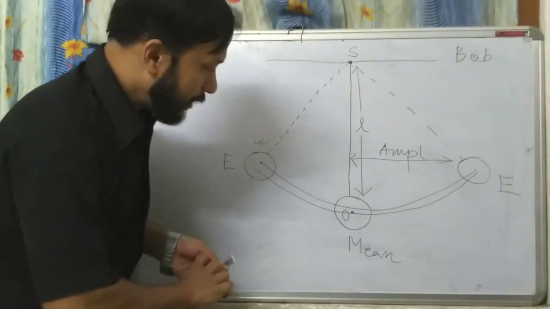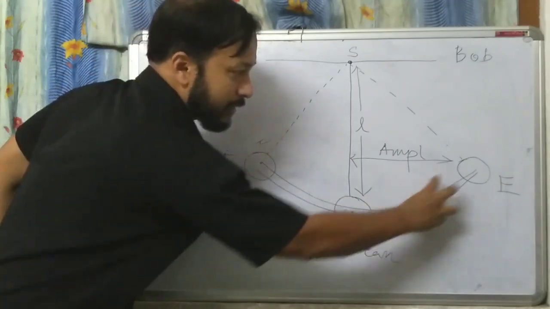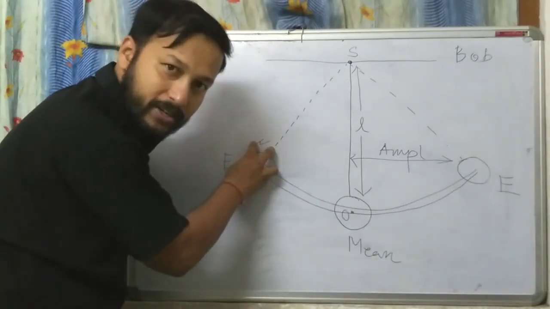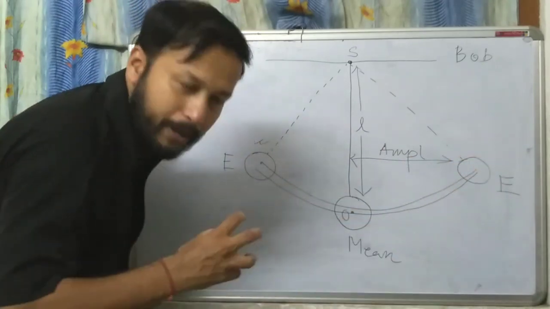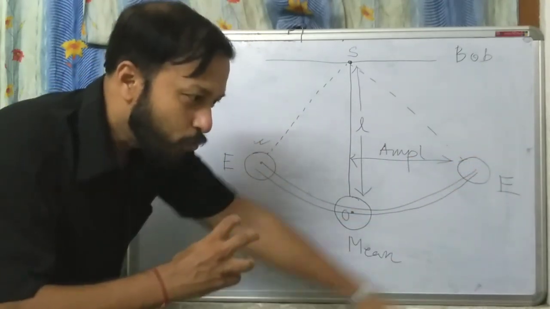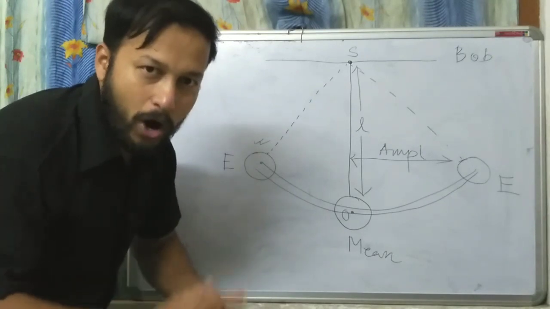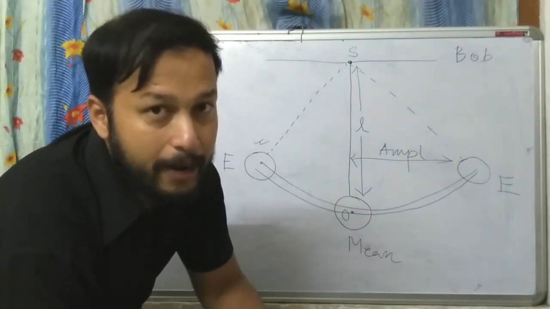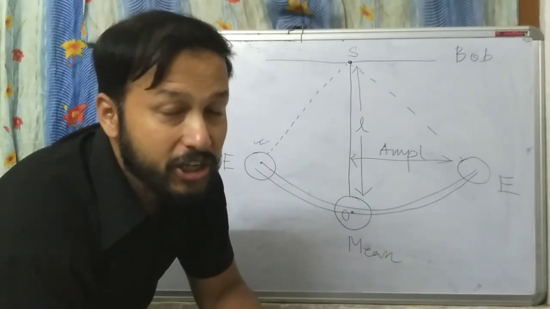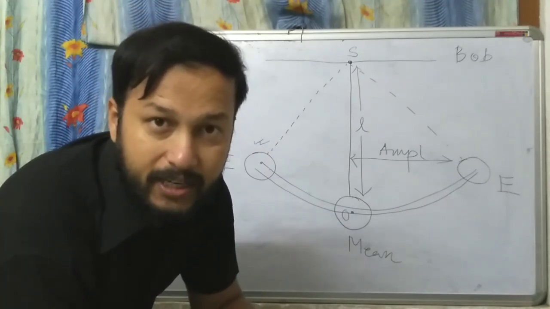Now, it has started from here, one oscillation, right? From where it is starting, it's going, again it is coming back. So one oscillation. Now how much time is taken for one oscillation? The time taken for one oscillation is called time period.